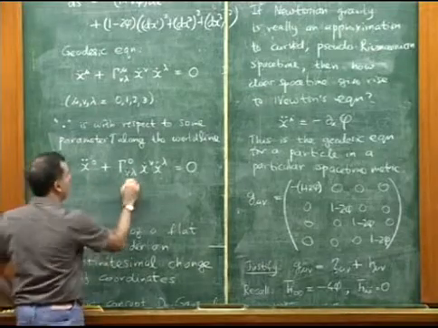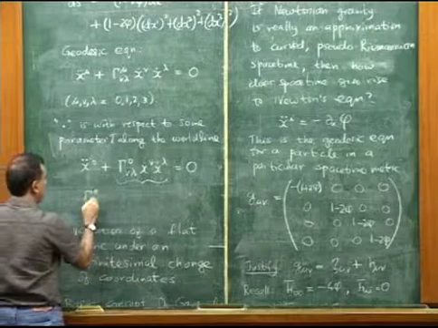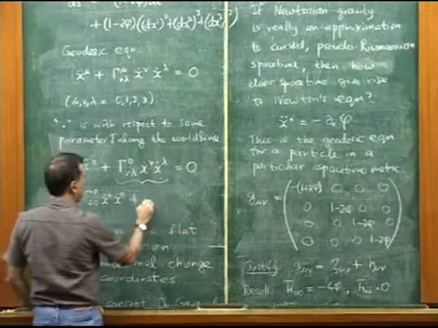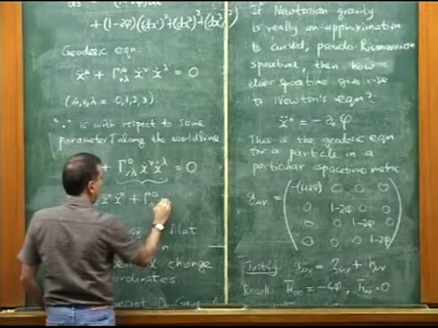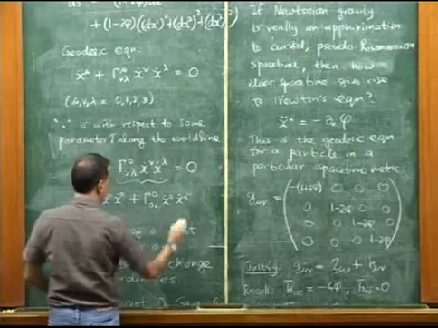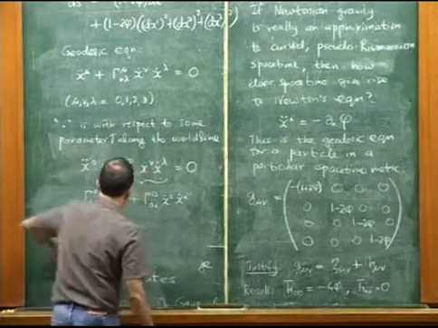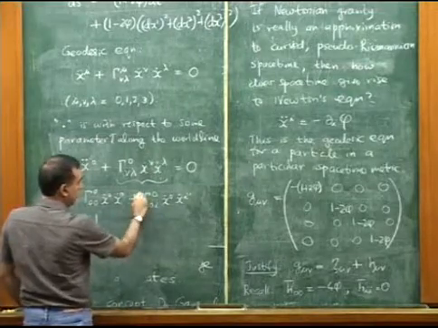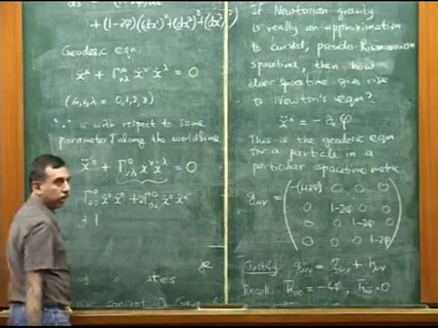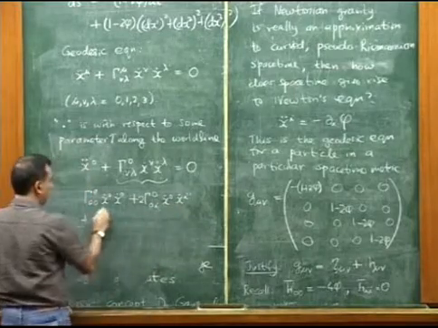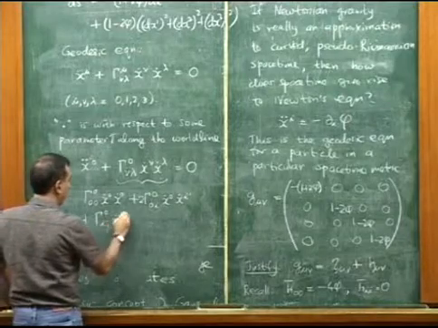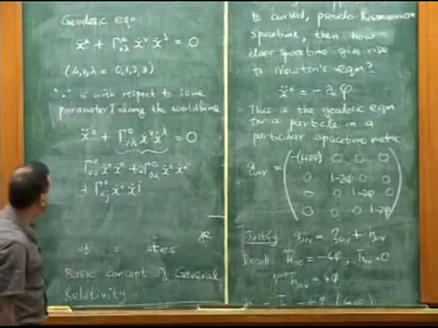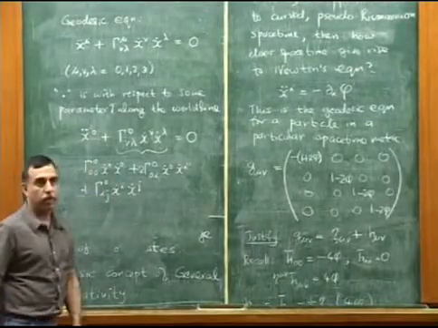So this part has the following parts: gamma 0 0 0, x dot 0, x dot 0, plus gamma 0 0 I, x dot 0, x dot I, plus another term when this is I and this is 0, but it will be the same because gamma is symmetric, plus gamma 0 I j, x dot I, x dot j. So we have to evaluate all these components of gamma.